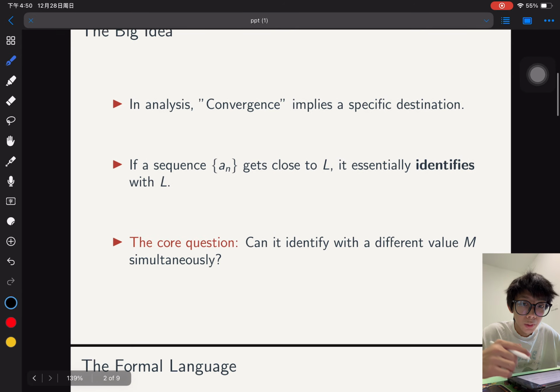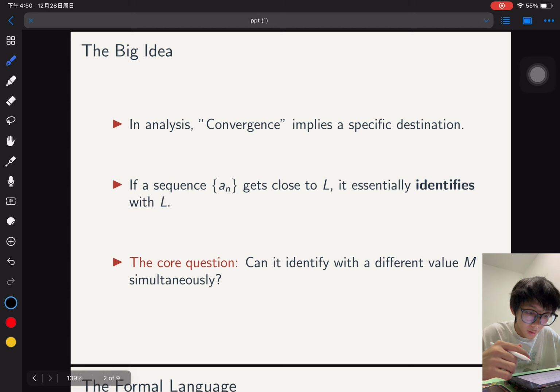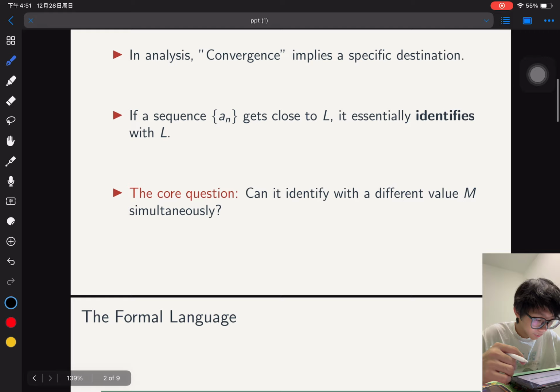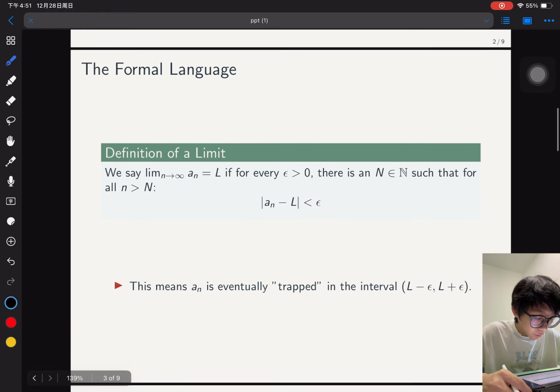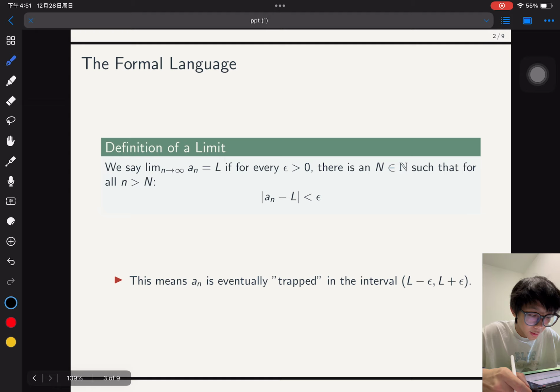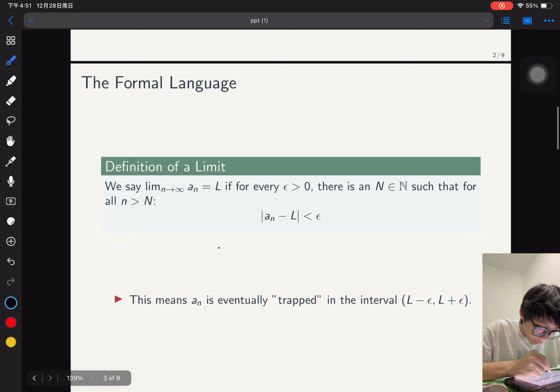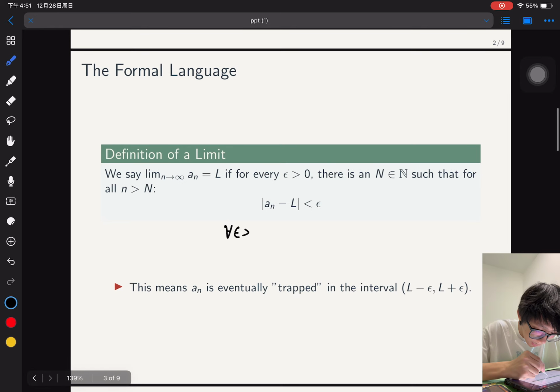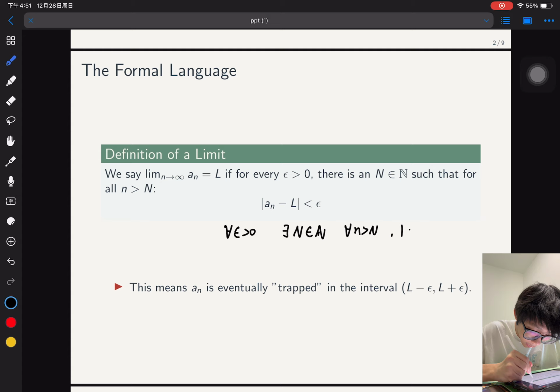So we tackle that question below, and we first recall the definition of the limit. From the definition, we can write it in a mathematical way: for all epsilon larger than 0, there exists N belonging to the natural numbers, such that for all n larger than N implies |a_n minus L| is smaller than epsilon.